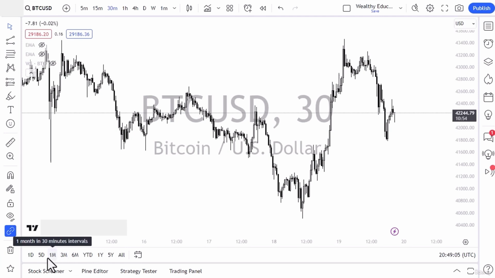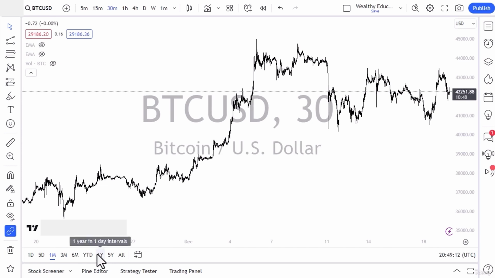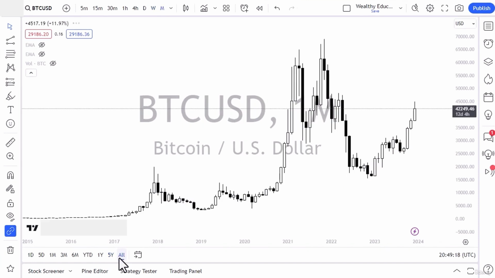You can change down here, like 1 month in 30-minute intervals. So this is what Bitcoin's been doing for the last month. Or just the last year, 5 years, and the entirety. This would be, in this case, 1 month intervals, Bitcoin, of course, being a relatively new asset.